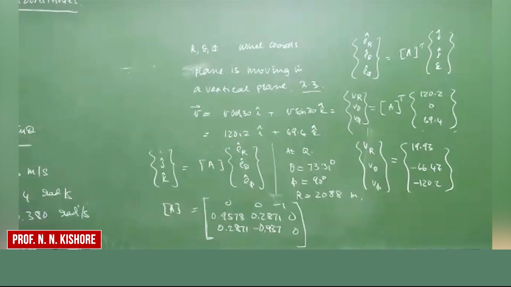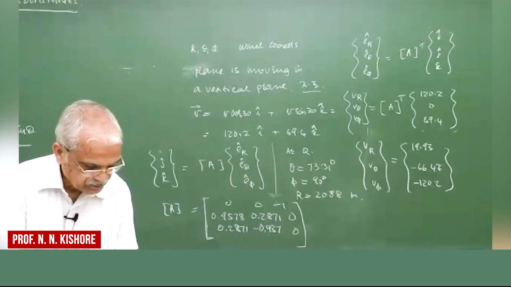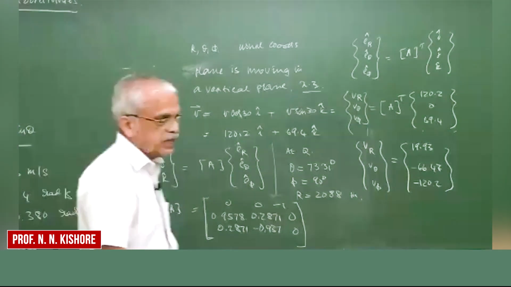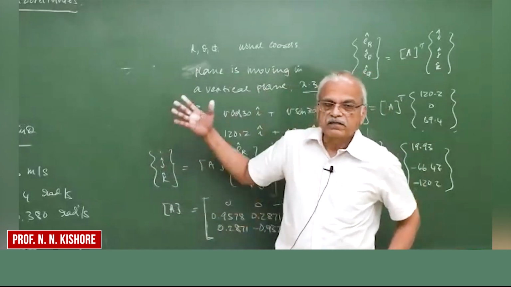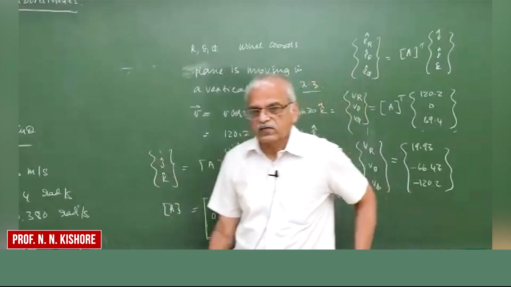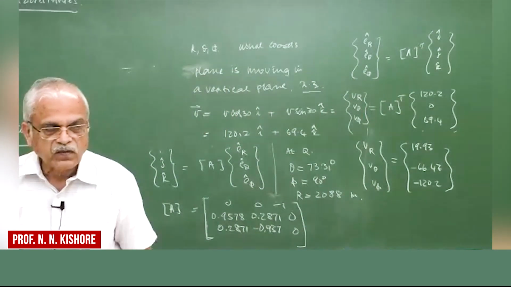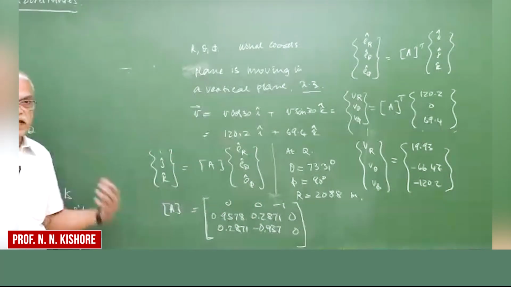Okay, so this is how we can solve. This is how we make use of the transformations and the expressions. This is an exercise of converting Cartesian coordinates into polar coordinates and vice versa, and also looking at the expressions for velocity and acceleration.